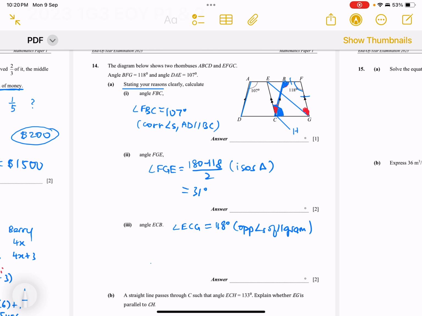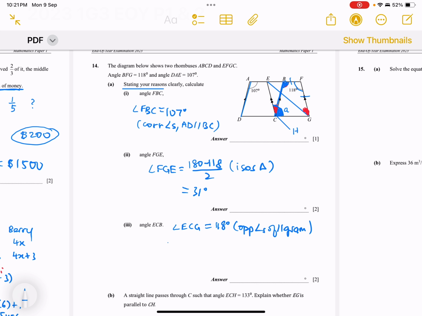Right, so now we want to find the shaded angle. I can call it A. We have already found the other angle in the parallel line, that is FBC.